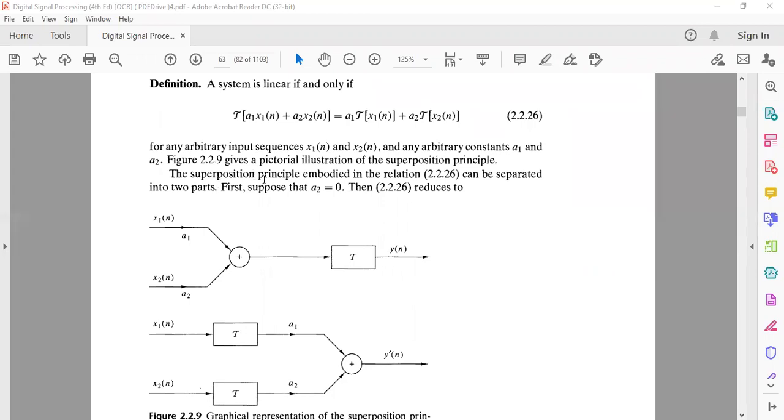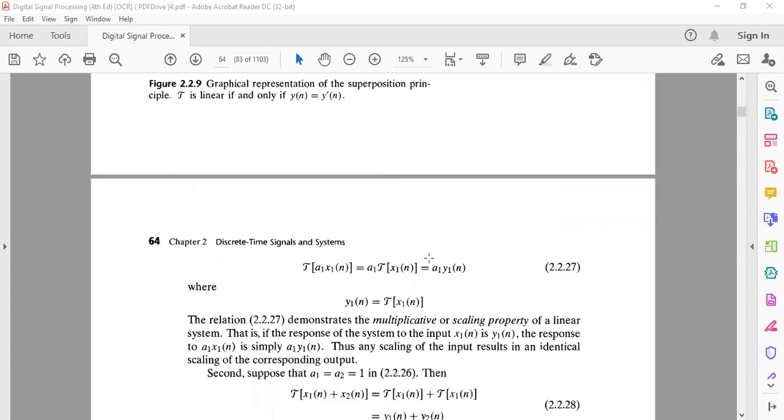So the superposition principle embodied in this equation can be separated into two parts. For example, if a2 was 0, then that would reduce to a1 y1, where y1 is the transformation on x1.